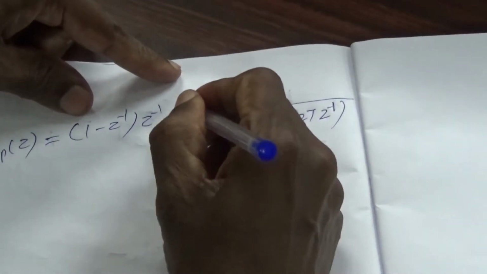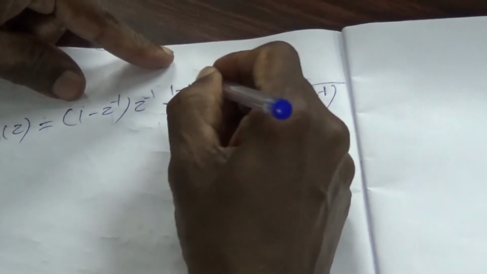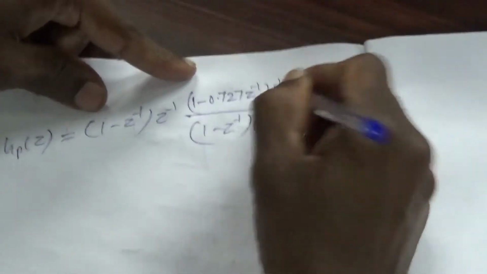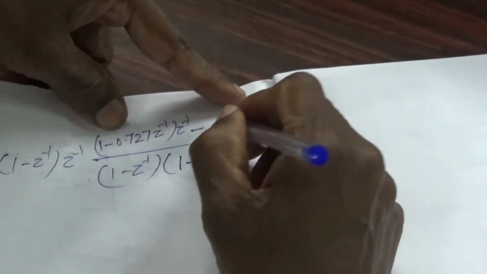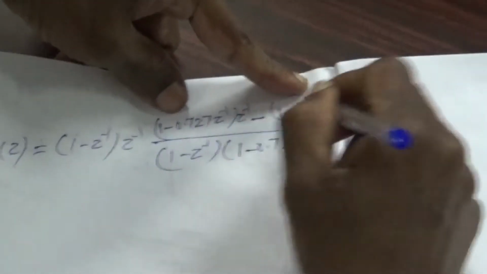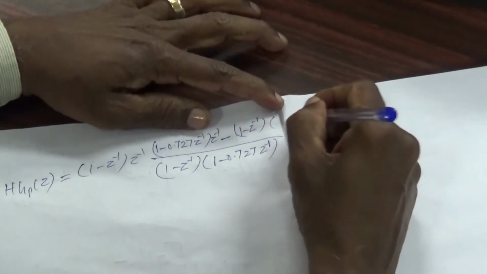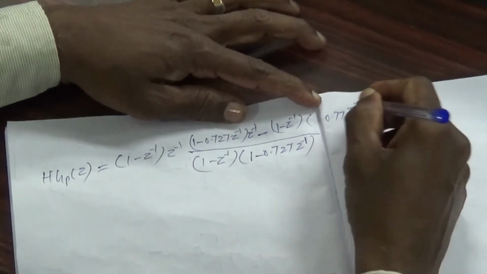Here, 1 minus 0.727 z power minus 1, into z power minus 1 minus 1 minus z power minus 1 multiplied by 0.77 z power minus 1.